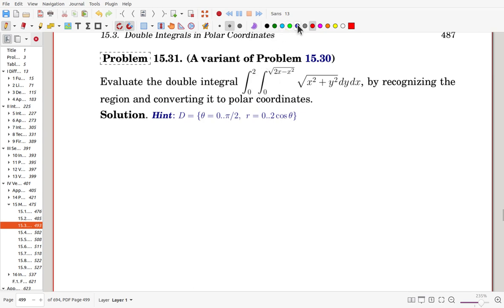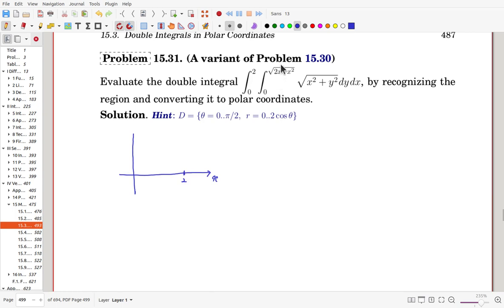Now, x is moving from 0 to 2. That's the x direction.